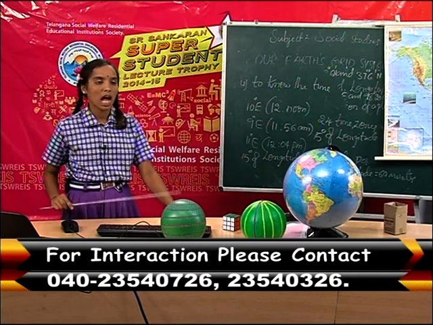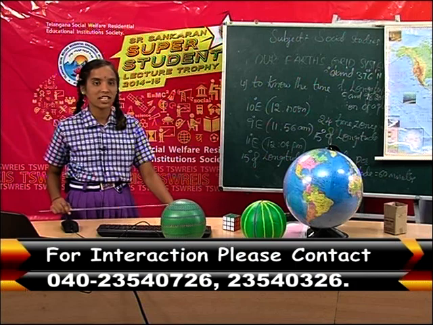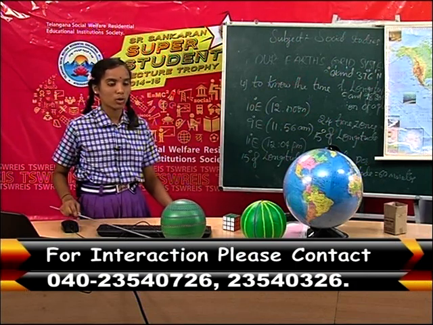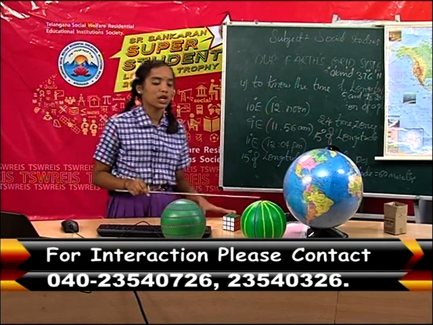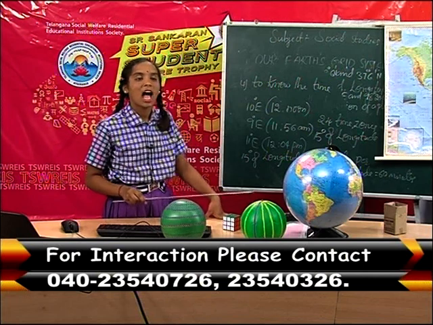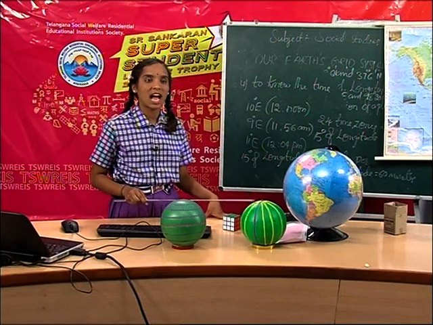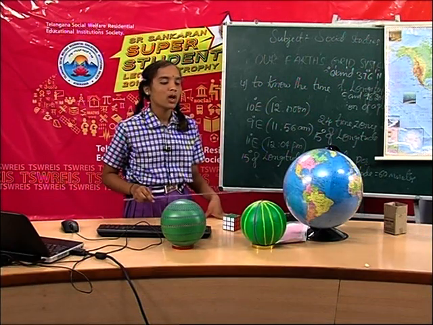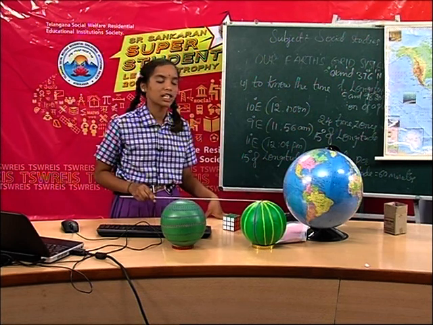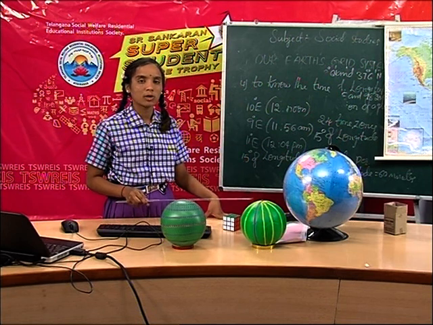And friends, we have learned that the 0-degree equator divides the earth into two equal halves, northern hemisphere and southern hemisphere. And here, longitudes are also called meridians, and meridian came to us from the Latin word meridianus, meaning noon. For the 0-degree longitude, 180-degree longitude is the directly opposite longitude.